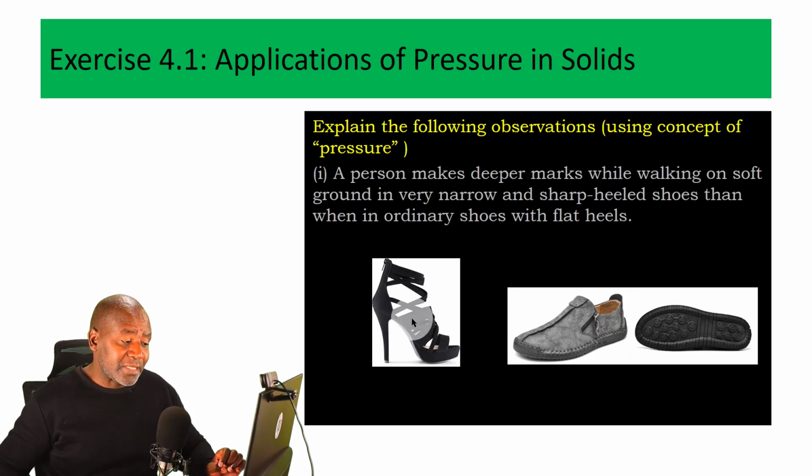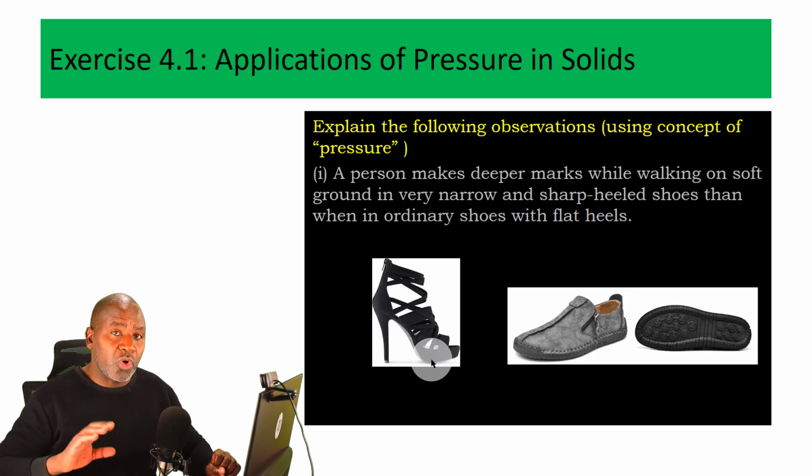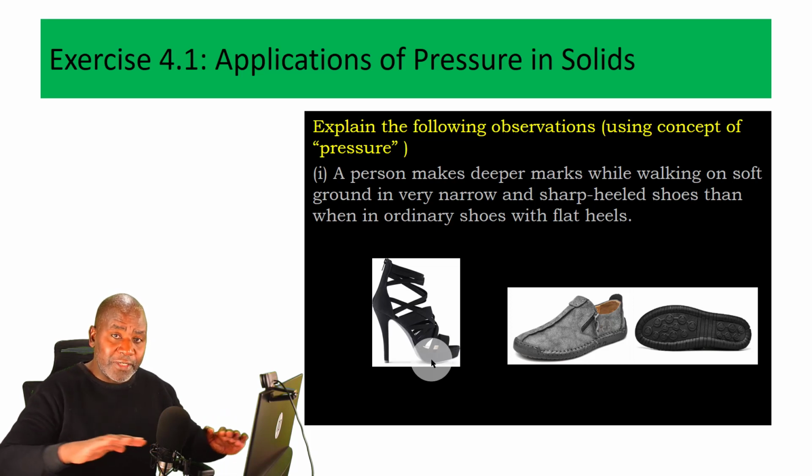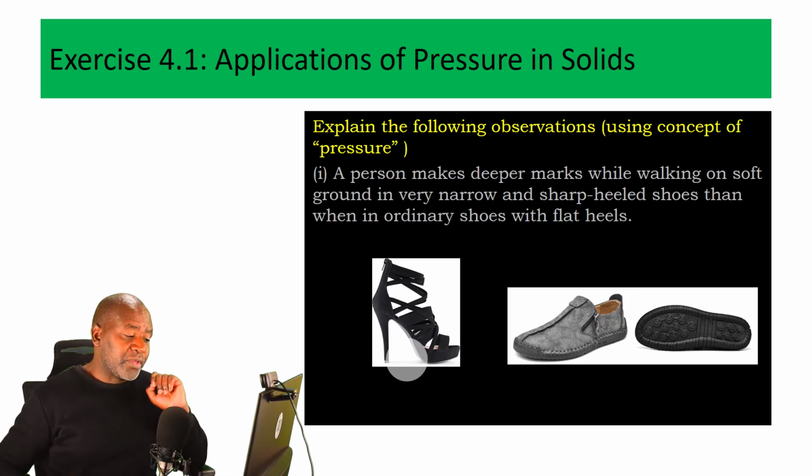You find that this one is likely to make dents, or if both of these people were to walk on soft ground, such as maybe a field of grass, you'll find that this person, the person who has high-heeled shoes, is likely to sink. This part is likely to sink into the soft ground compared to this person here. Why is that?